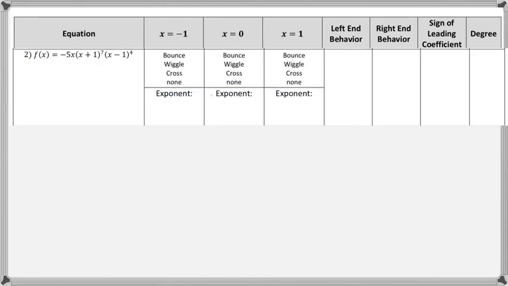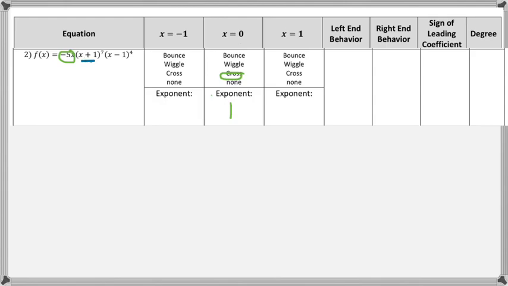So again, we're going to do the same process. Like we talked about last time, the 5x is going to give you your 0. That had an exponent of 1, and 1 is a cross. Then I'm going to go opposite sign, and opposite positive 1 is negative 1.